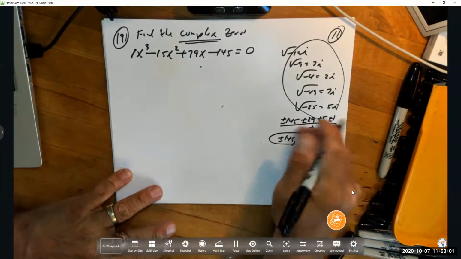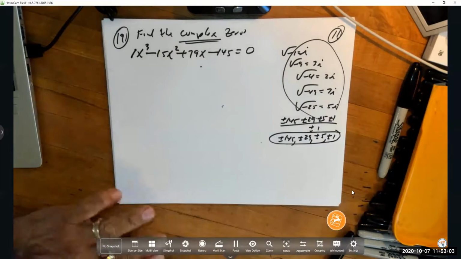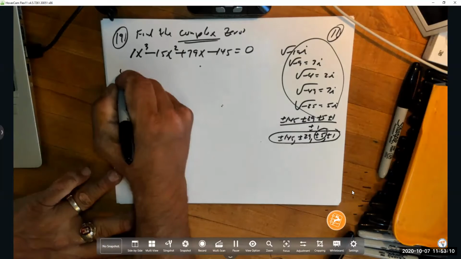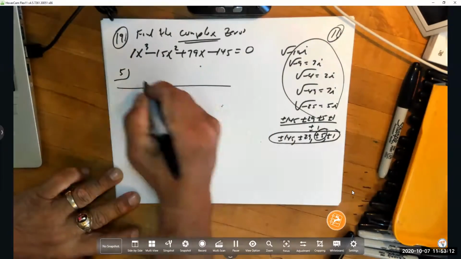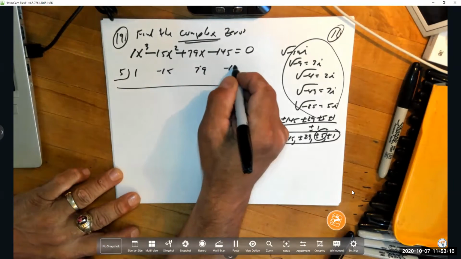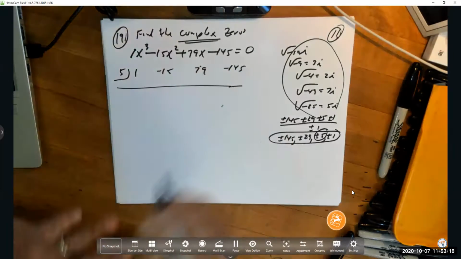All these numbers are the factors of those. I'm going to tell you right now, start with the little number, 5 and minus 5. So I'm going to do 5, and I can do synthetic division on this thing. 1, negative 15, 79, negative 145. There you go.